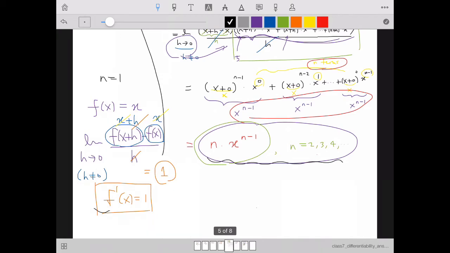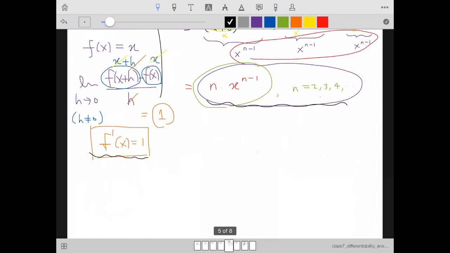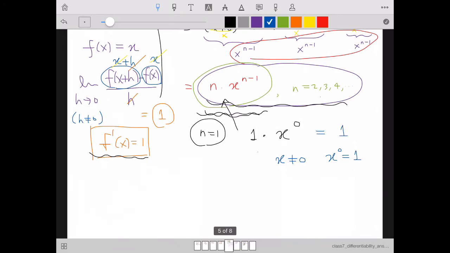this and this, now we want to write this as a general rule. So if n is 1, it is 1 times x to the 0. Then if x is not 0, then x to the 0 is 1. So it will be 1.